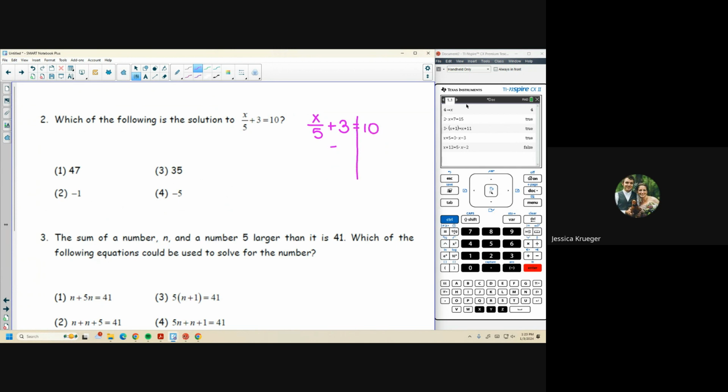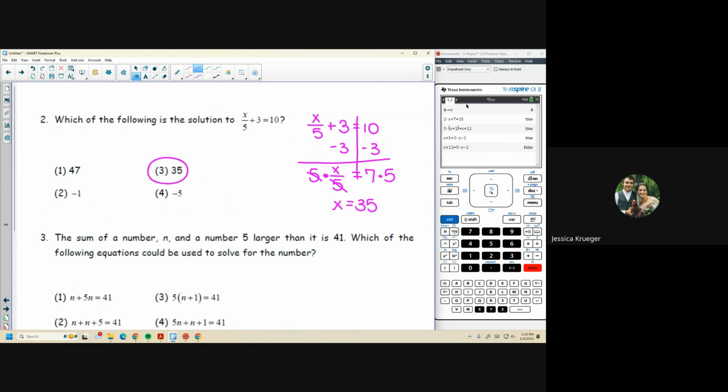First thing I need to do is get my x over 5 alone. So I'm going to subtract 3 from both sides. That's your subtraction property of equality. x divided by 5 equals 7. Then I'm going to multiply both sides by 5. That's my multiplication property of equality, and I get x equals 35.